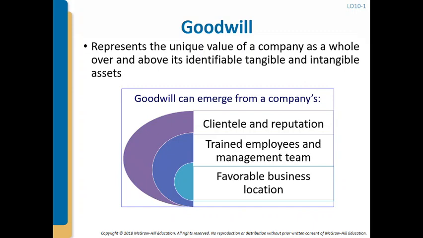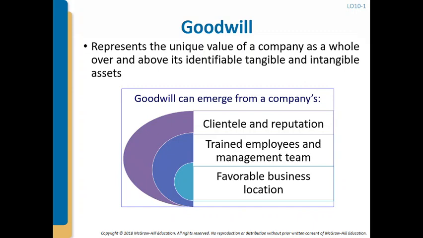So, bottom line is any internally generated goodwill does not get capitalized. The only time goodwill gets capitalized is when one company acquires the assets of another company and the consideration paid is more than the fair value of the net assets.